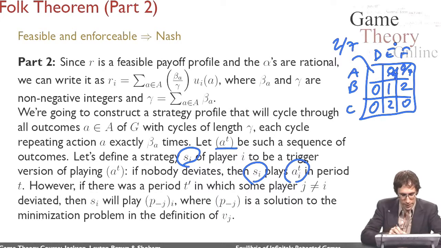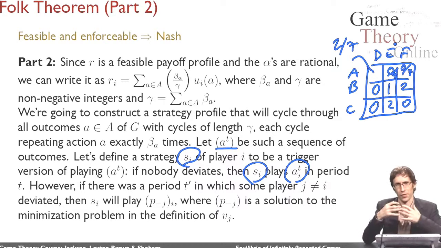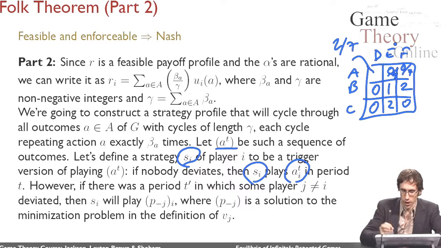So that's just what this says here. If there's ever a period in which somebody does the wrong thing, then everybody is going to gang up on that person forever and play the strategy against that person that causes them to get their min-max value. Let me say that one more time to make sure we've all got it.